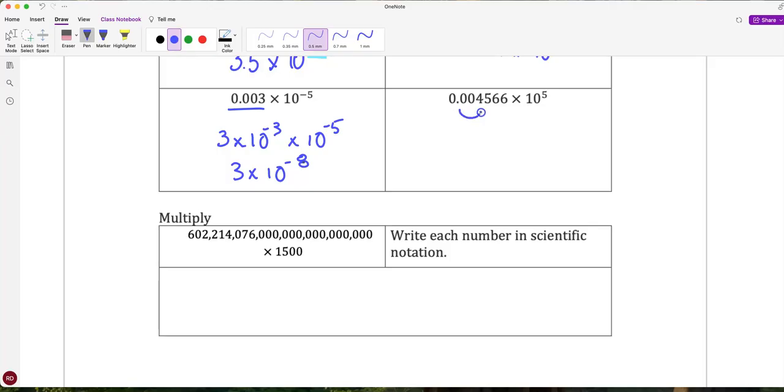Here, to make this number between 0 and 10, 4.566. In order to do that, I make it larger by 1, 2, 3 powers of 10. Add those exponents, 4.566 times 10 squared.